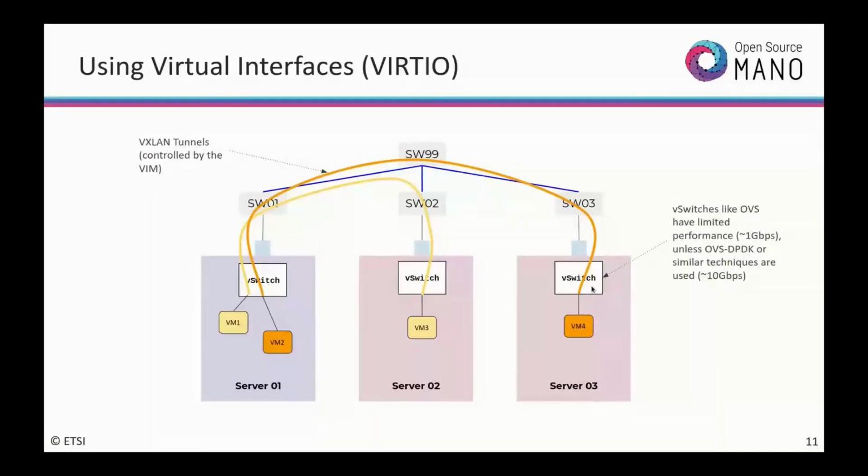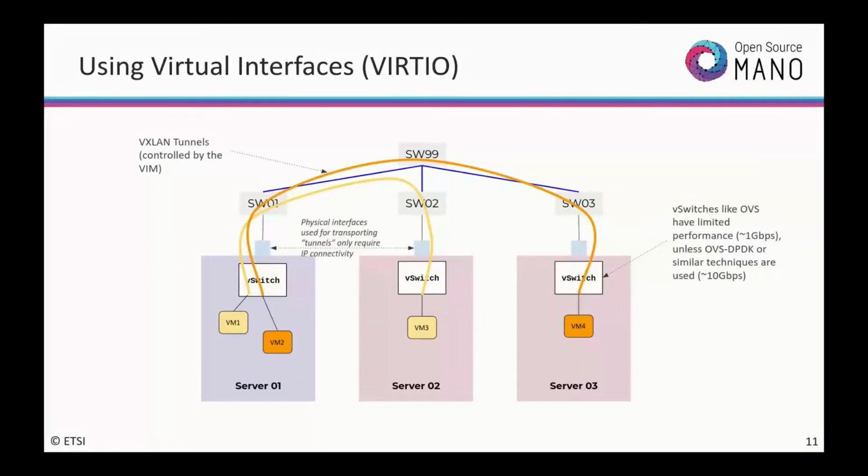And that DPDK cost is that it requires you to dedicate one entire CPU thread to doing nothing more than constantly polling the real network interface to see if there's data ready to send or ready to be received.